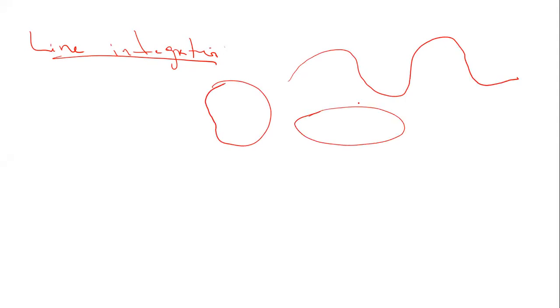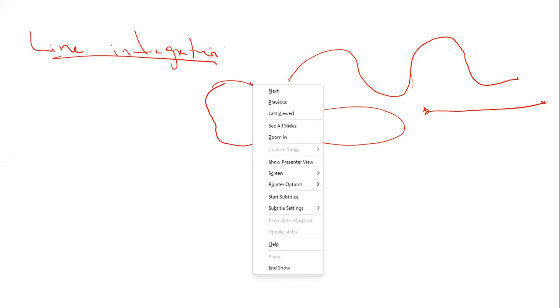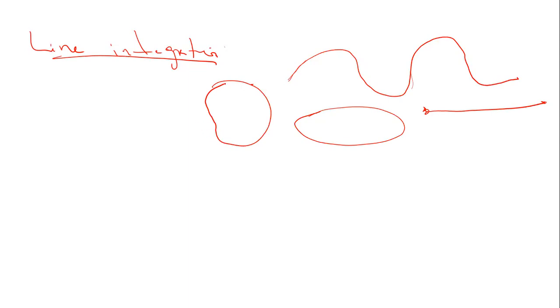If you are performing summation over all this line, or maybe it's a straight line, from one end to another end, or in the case of a circle, if you are going to perform integration starting from one point of the circle, around the circle and coming back to that point, that type of integration is called line integration.